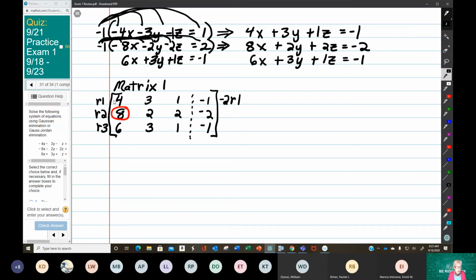And the reason is I want this to be a -8, and I want to add it to a +8. And then I'll just add it to row 2.